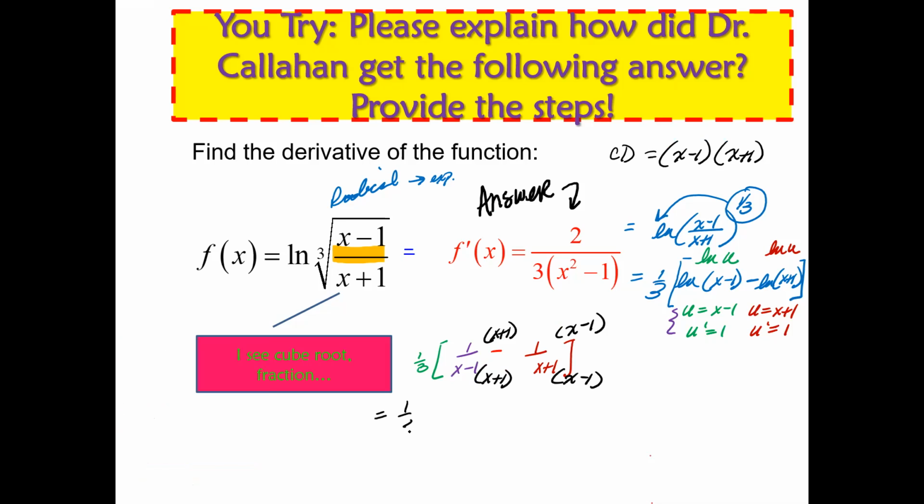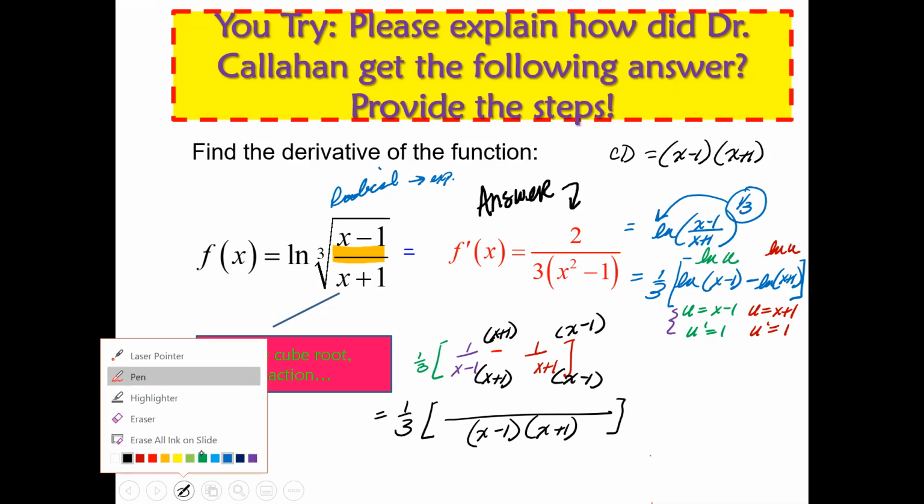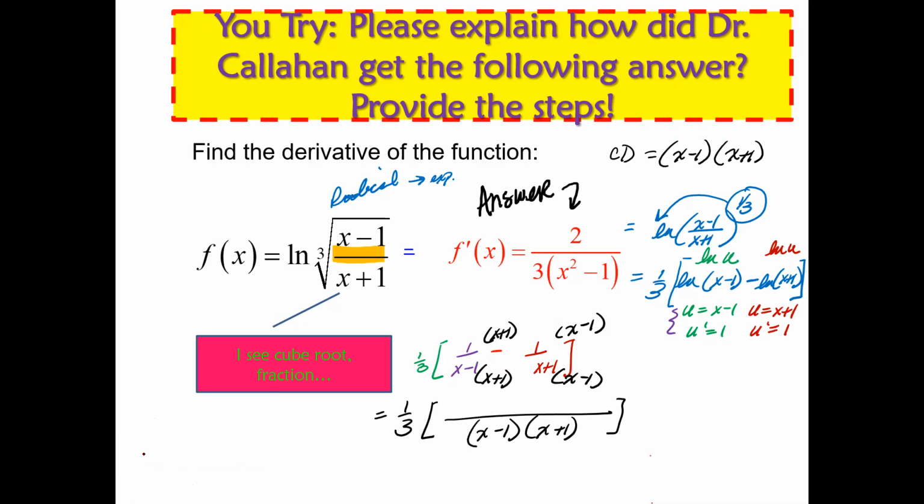So then if I distribute that, the denominator is going to just have x minus 1 times x plus 1. In the numerator for the first fraction, you should have a 1 times x plus 1, so that's just an x plus 1. For the second fraction, 1 times x minus 1 is just x minus 1.